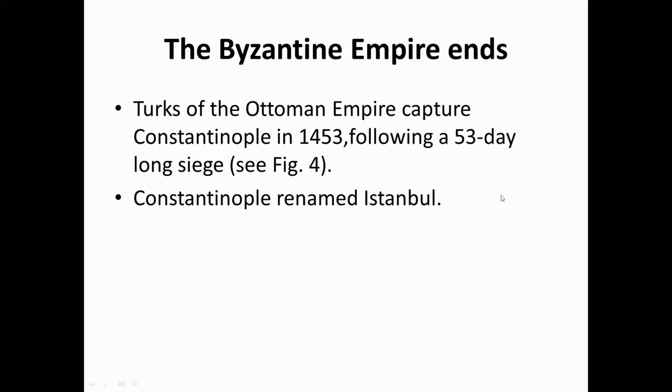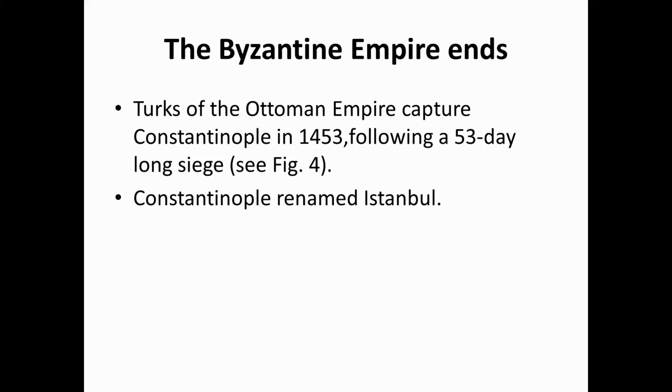When the empire finally collapses altogether, what has now been called the Byzantine Empire is invaded by Turks of the Ottoman Empire. They capture Constantinople in 1453, following a 53-day-long siege. Now, Constantinople could withstand a lot of sieges and very long ones, and they had stood out against sieges in the past.